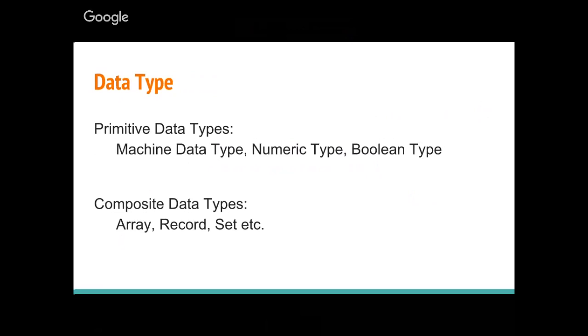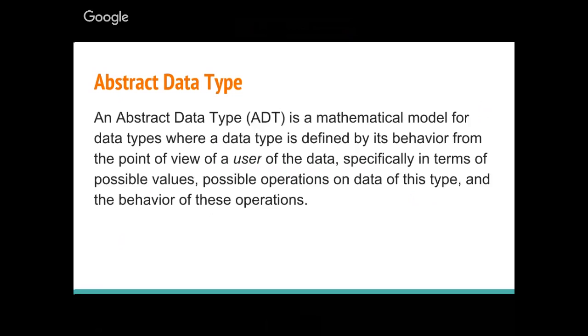Now we move to something known as abstract data types. What is an abstract data type? An ADT is a mathematical model for data types, where a data type is defined by its behavior. It's going to behave as an integer, or a character, or a boolean value that can only have two values, 1 and 0. So from the point of view of the user, how is this going to behave?